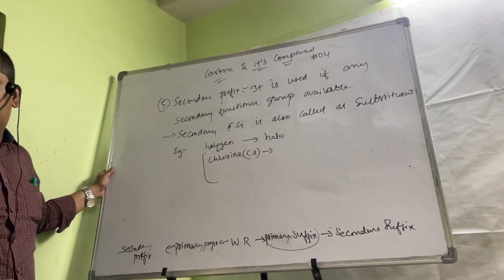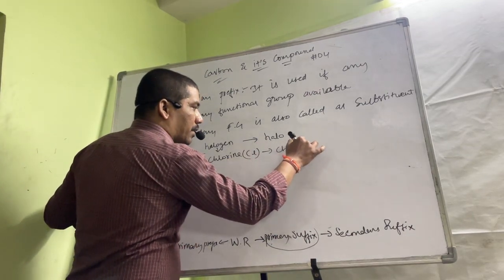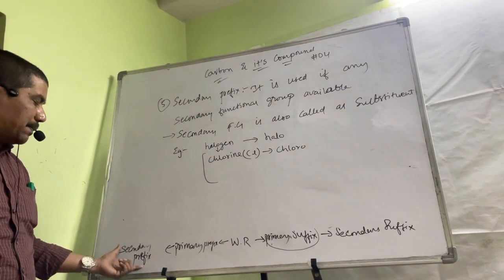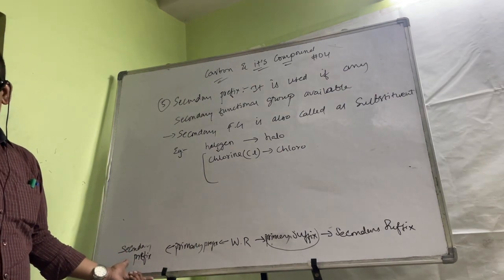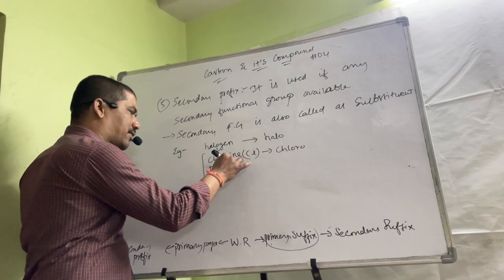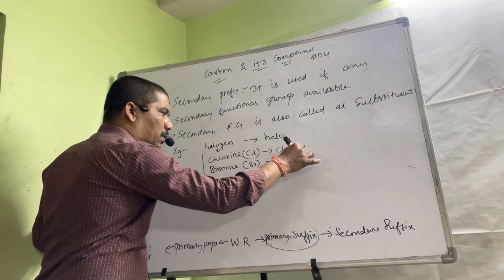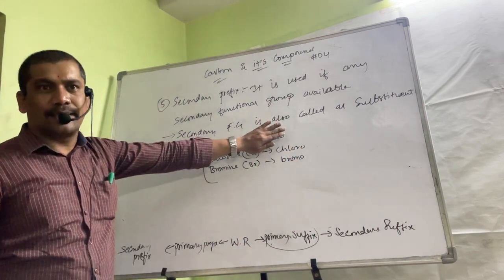If Cl is available in the compound somewhere, then we should write chloro. Meaning if Cl is seen somewhere in the compound, what will we write in place of the secondary prefix? Chloro. Right. Suppose bromine is available, so many will be there, just look at a few, then we should write bromo. It's matching, na? Halo means the general name.